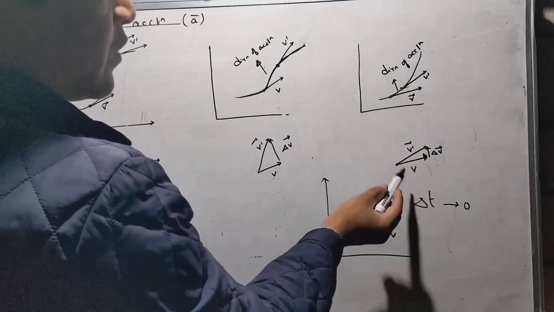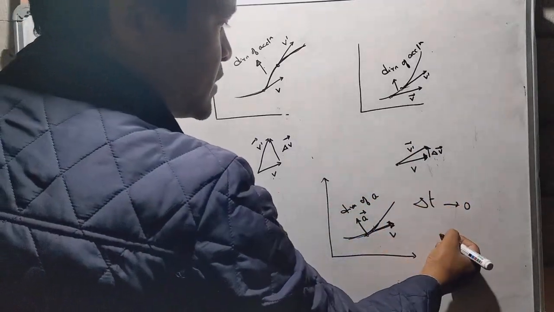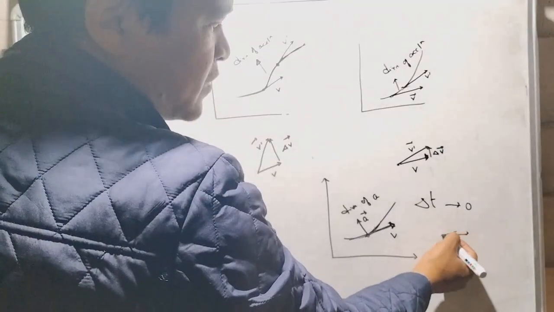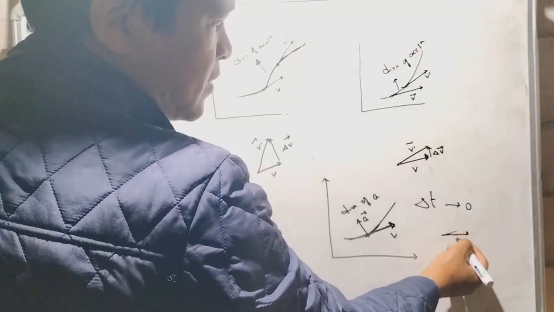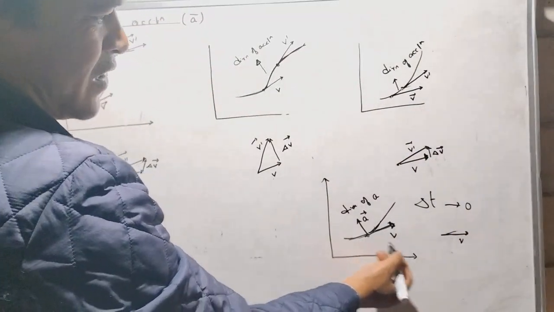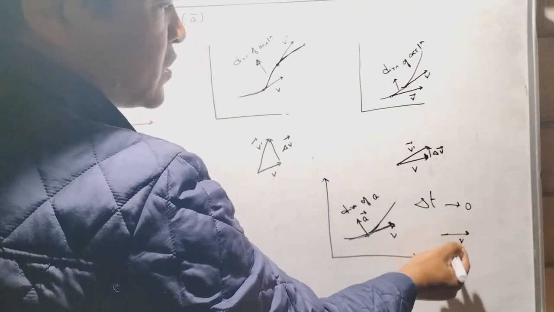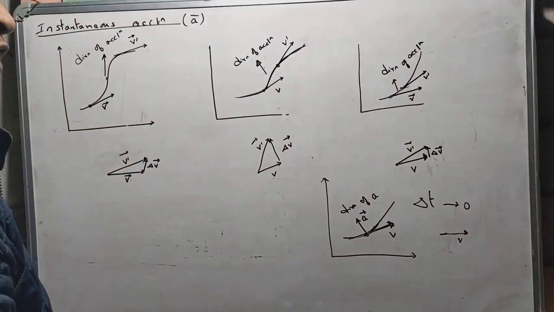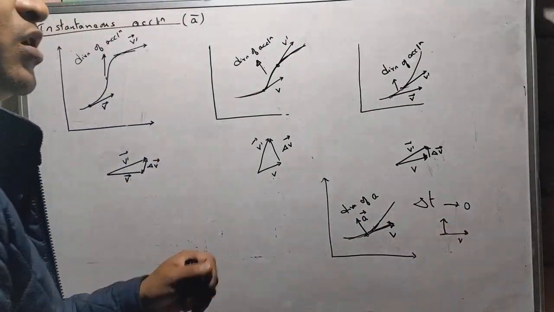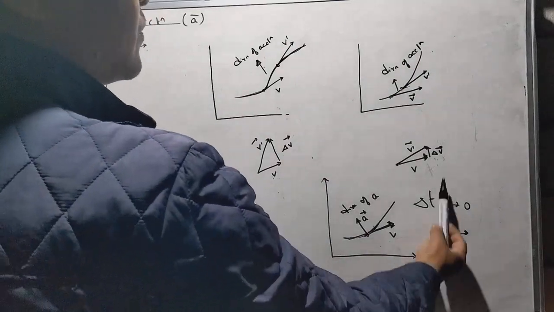When the time interval tends to 0, look, this is my initial velocity v, and my final velocity, when the time interval is very small, will again be along this. So we have just one velocity, and the direction of the acceleration, or the direction of the change in velocity, would be perpendicular to this line.